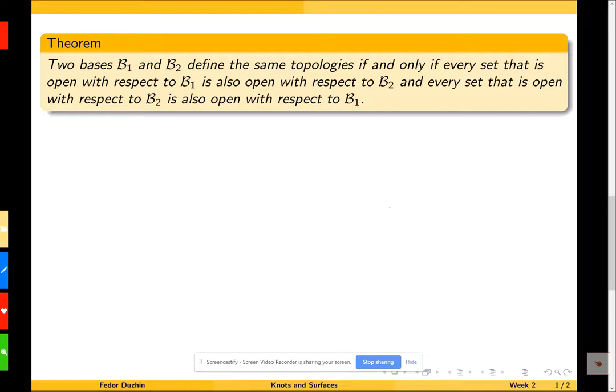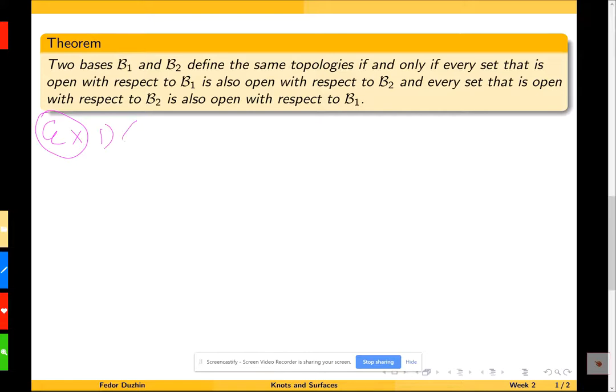Now I'm going to give you one example of a theorem that was not explained in class. In class I was talking about disks versus diamonds versus rectangles, how they all define the same standard topology on R2. So in my example now, I'm going to introduce two somewhat exotic bases of a topology, and then I'm going to show that they define the same topology on R. And this is the standard topology.